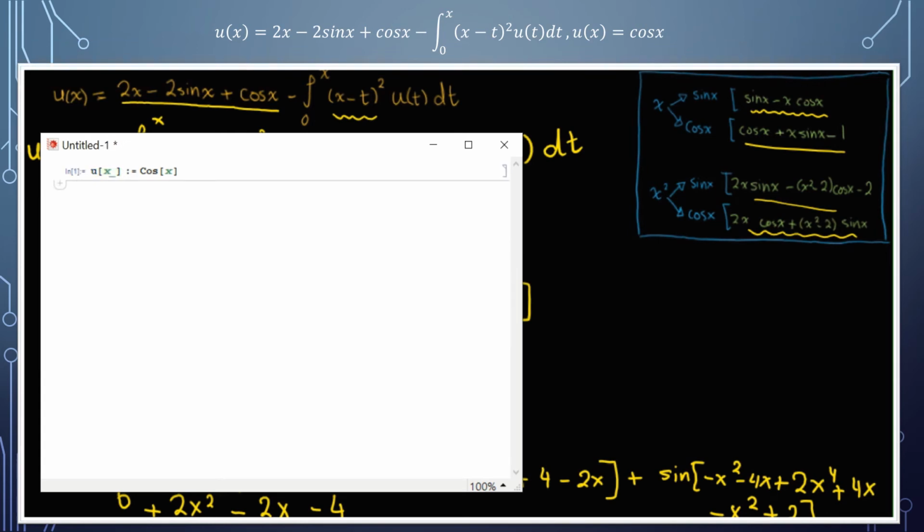Then we have to write the right hand side, and we should have the answer as cosine x if our claim is right.